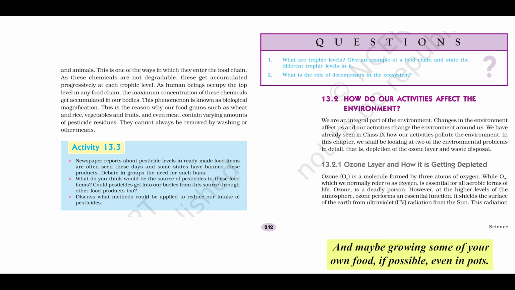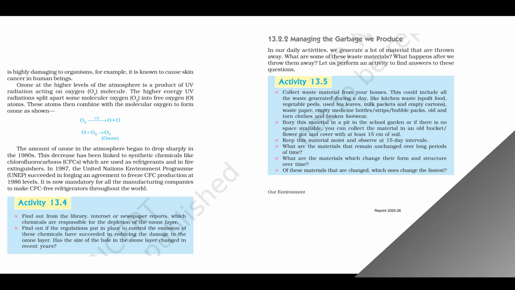And maybe growing some of your own food, if possible, even in pots. Absolutely. Even a small balcony garden gives you control over what goes into your food. So yes, while it's a complex problem needing systemic solutions, individual choices promoting organic, washing food, supporting sustainable farming, diversifying diet, growing your own, they all contribute. Being an informed consumer matters.